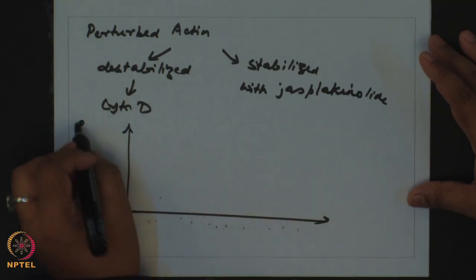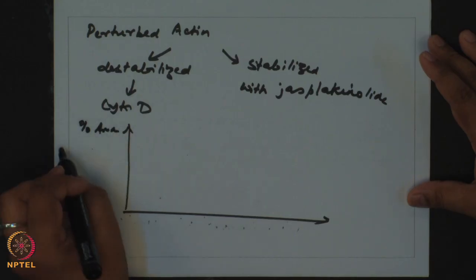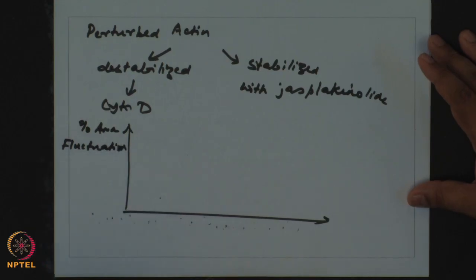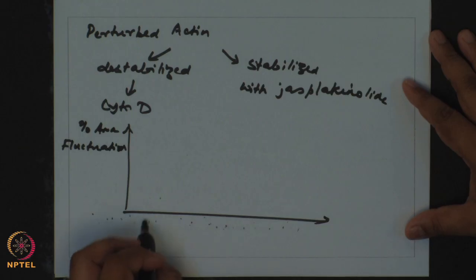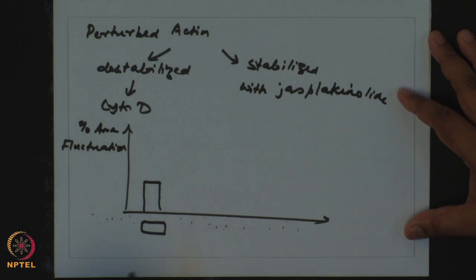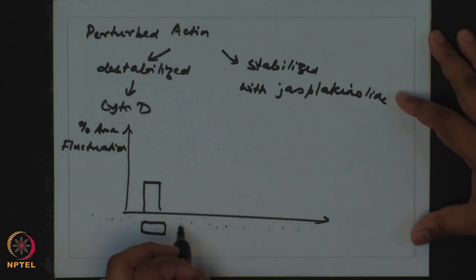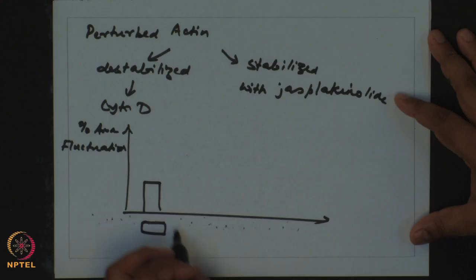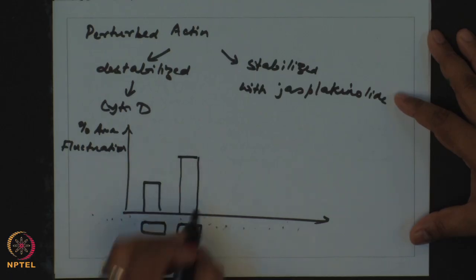My y axis is percentage area fluctuation. Okay. So, on the rectangle, this is your area of fluctuation. When they added cytochalasin D, plus cyto D, this fluctuation increased.